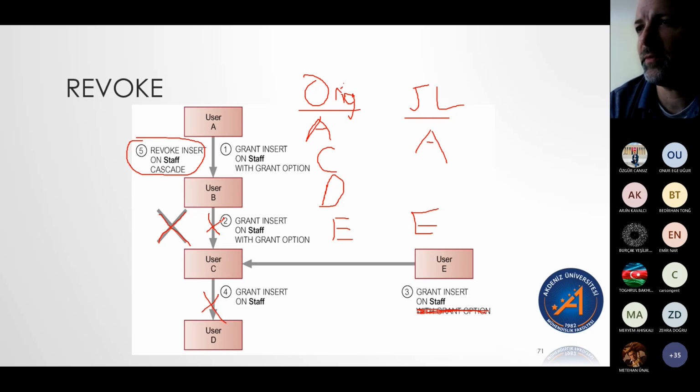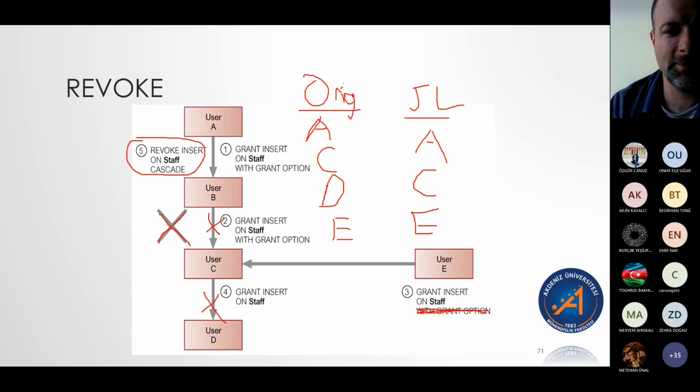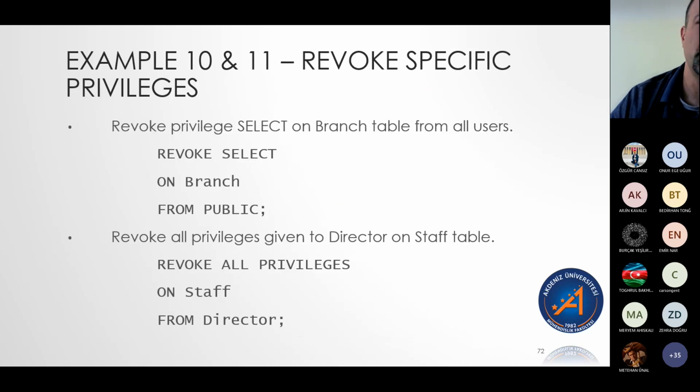Yep, they still have it because they got the insert privilege from user E, but they don't have grant option anymore. So D lost their privilege, all because A decided to stop giving it to B. Mean A.